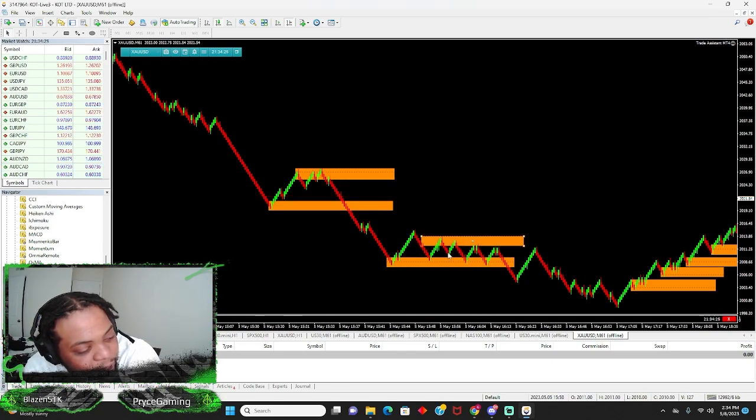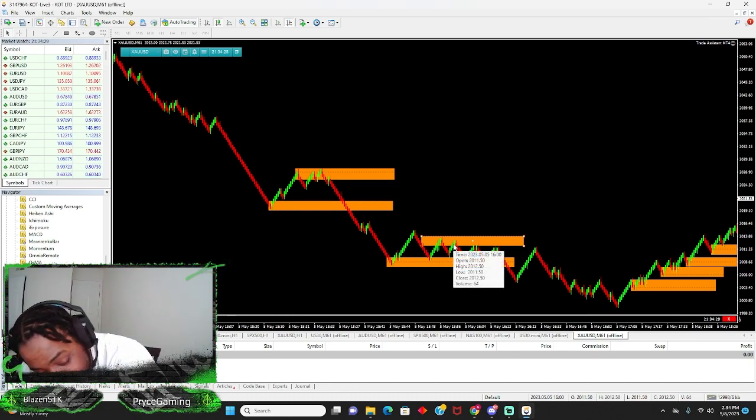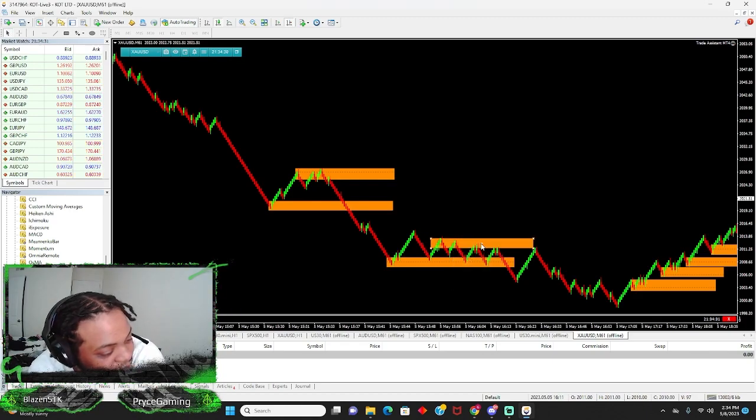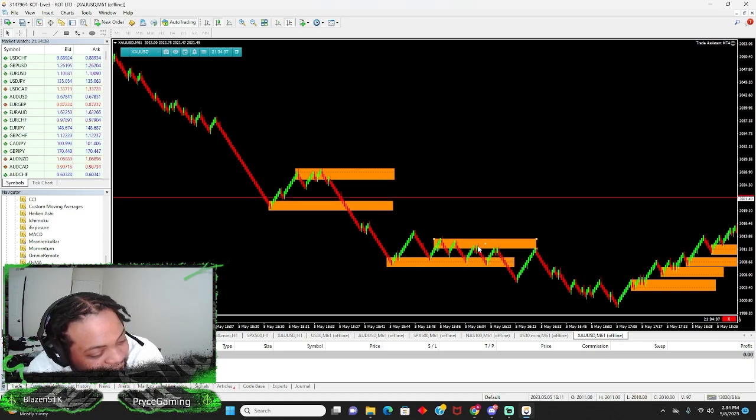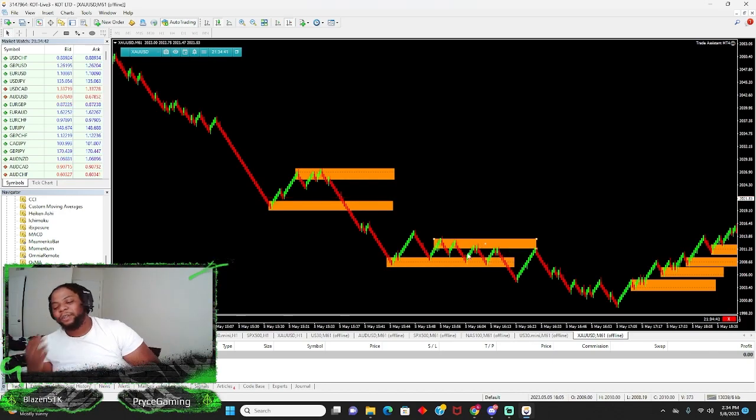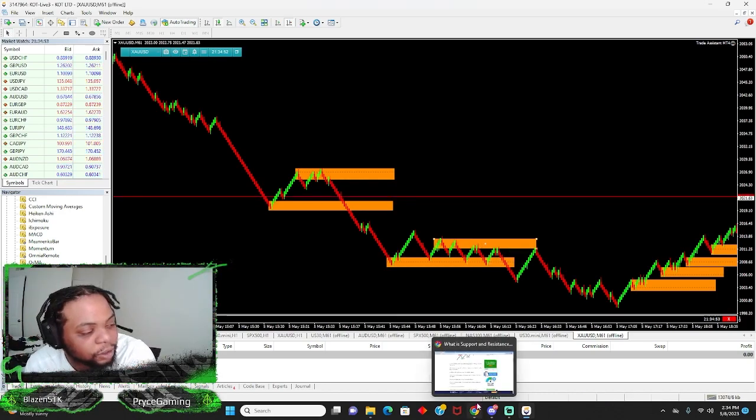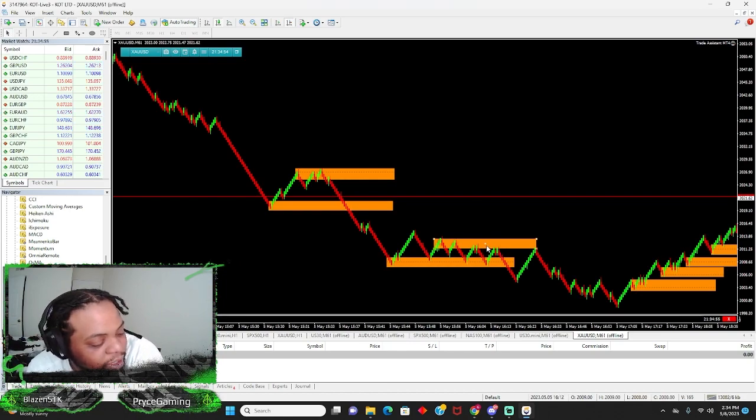Bang. Come back down, touch support, shoot back up to resistance. This is the highest point reached now. Bang. Come back down, test support, shoot back up. This is resistance, shoot back down. You feel me? So it's basically showing you that's how you find support and resistance in an uptrend. That's how you find it in a downtrend.